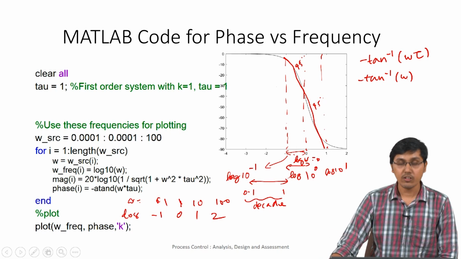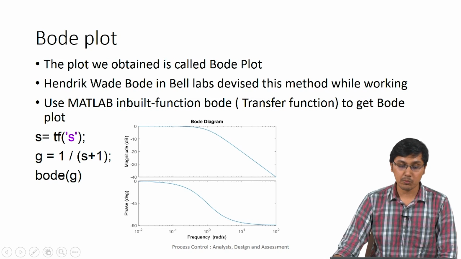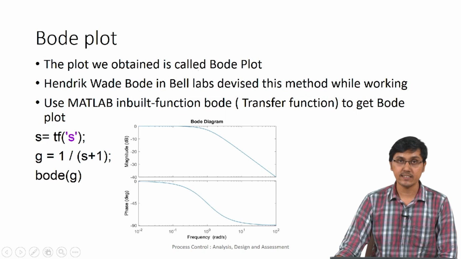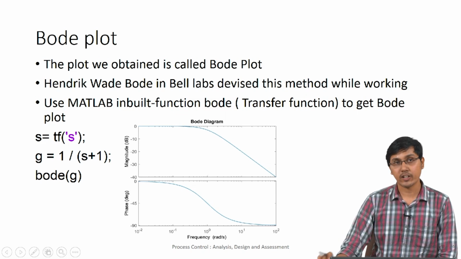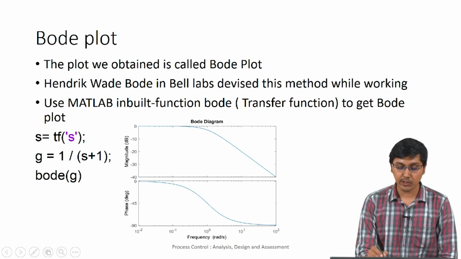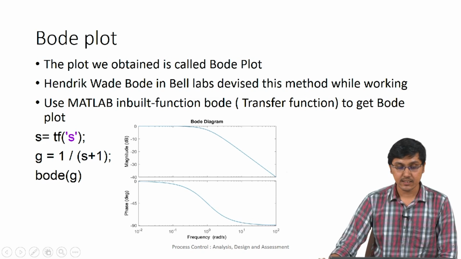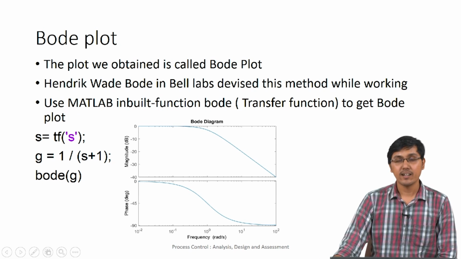What we have achieved is plotting the amplitude in decibels and the phase in degrees or radians with respect to the logarithm of the angular frequency on the x axis. This particular plot is called a Bode plot, developed by Hendrik Wade Bode, who was working with Bell Laboratories.